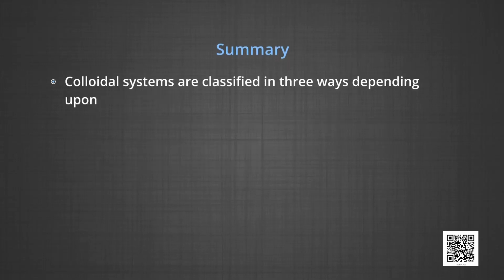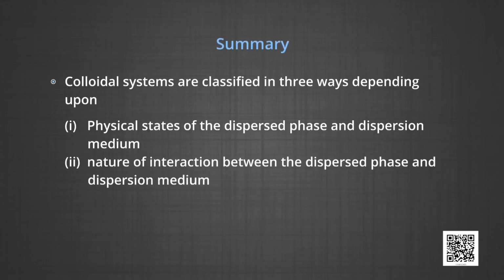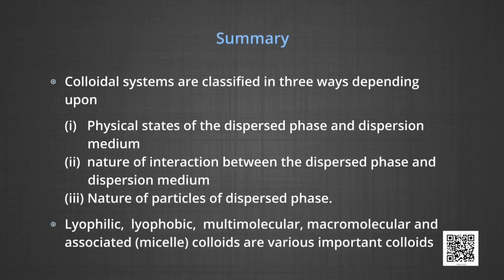Colloidal systems are classified in three ways, depending upon number 1, physical states of the dispersed phase and dispersion medium; number 2, nature of interaction between the dispersed phase and dispersion medium; and number 3, nature of particles of the dispersed phase. Lyophilic, lyophobic, multimolecular, macromolecular and associated colloids are various important colloids.